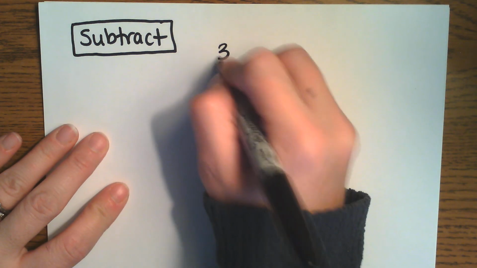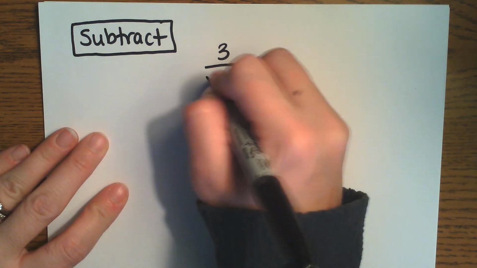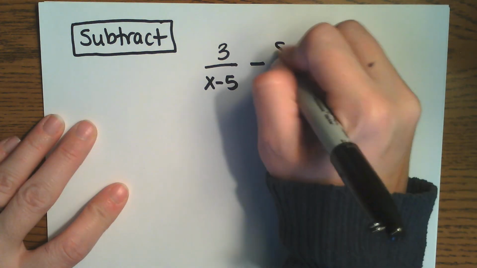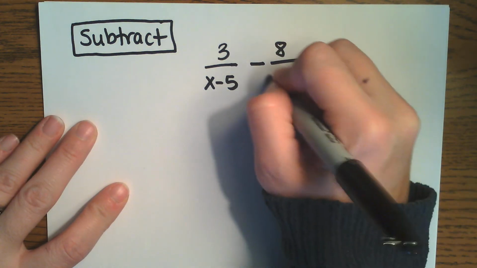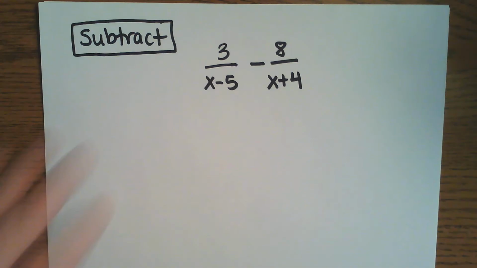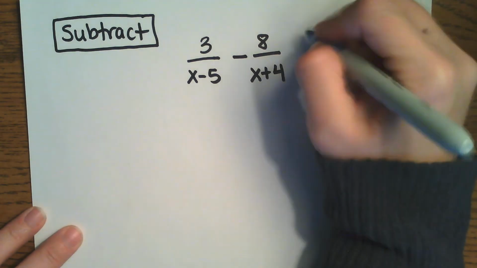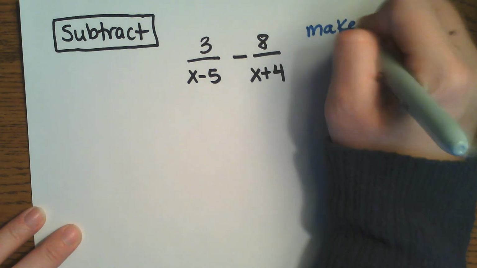So I've got 3 over x minus 5, take away 8 over x plus 4. I will need to make a common denominator.